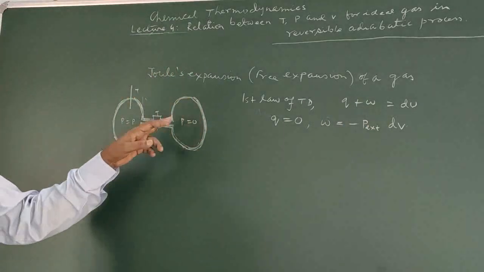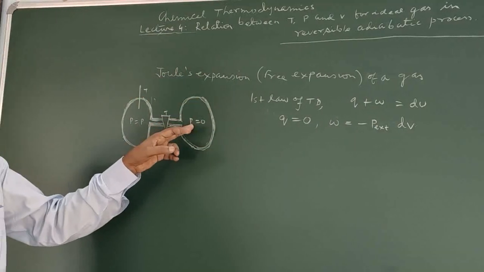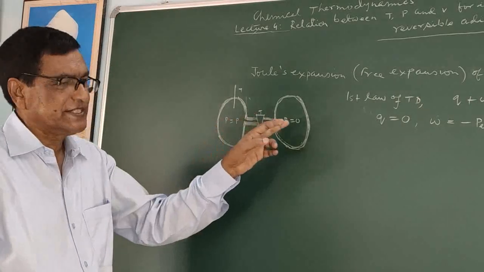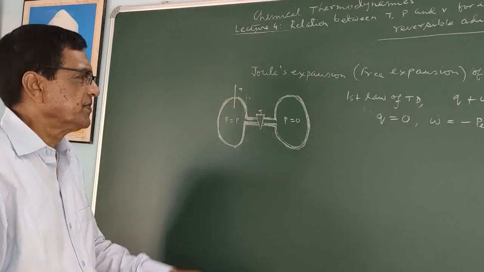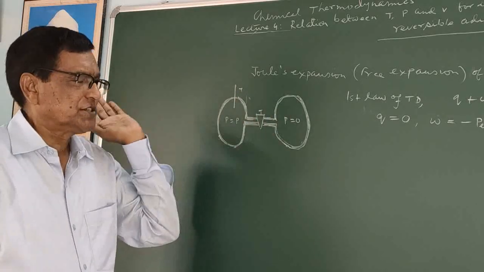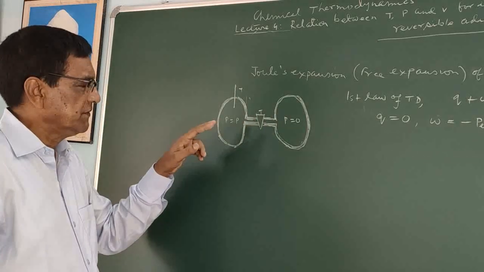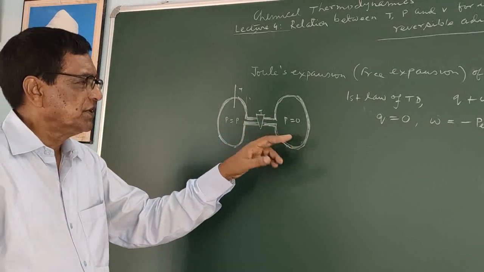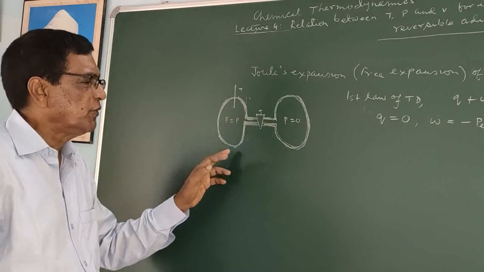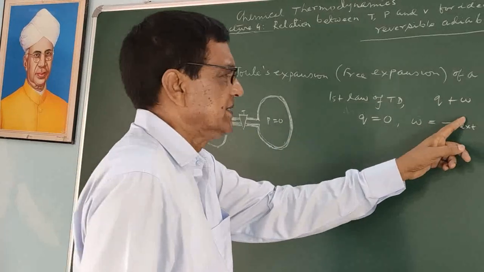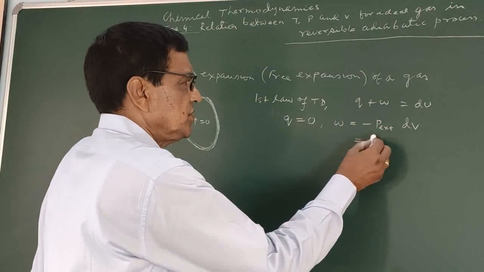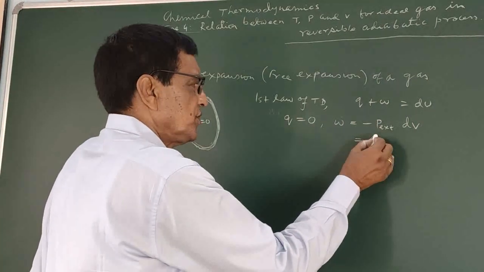But here the external pressure against which the gas expands, if we open this stopcock, then the gas expands. If this is V1 and this is V2, then the final volume becomes V1 plus V2, and the external pressure in this case is equal to 0. So 0 into volume change is also equal to 0.